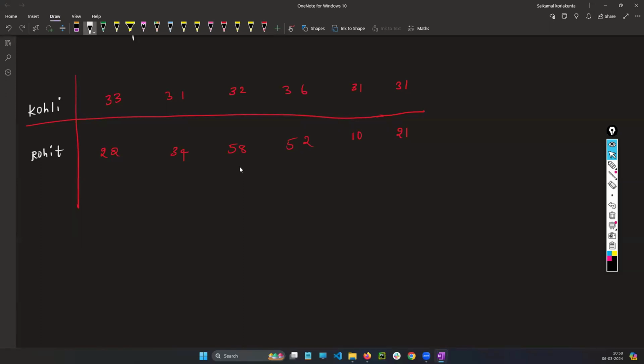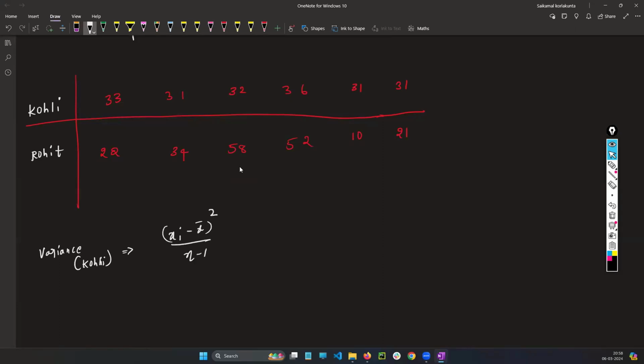For that purpose, we will use the variance. First I will use the variance on top of Kohli. Understand the concept, guys. So how do you find Kohli's variance? What is the formula? The sample data formula: each and every data point minus its mean, whole square, divided by n minus 1.